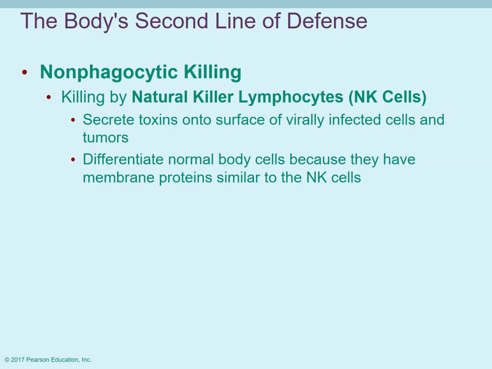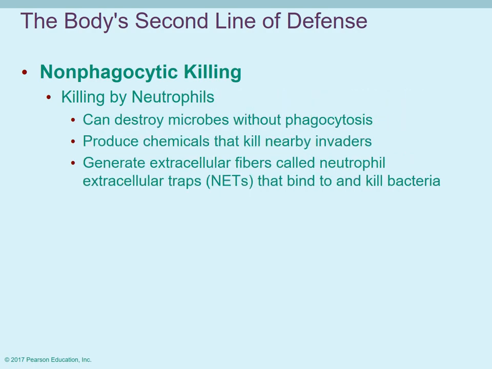Typically, when you have a cell that is cancerous, developing into a tumor, or a cell that has been infected by a virus, there are certain proteins expressed on the surface that are not usually there. It's kind of like a little flag is put on the outer surface of the cell. And so the natural killer cell will say, oh, a healthy cell does not have this, so this is not normal, and so I'm going to attach and secrete the toxins. That is its job, to kill any abnormal cells.